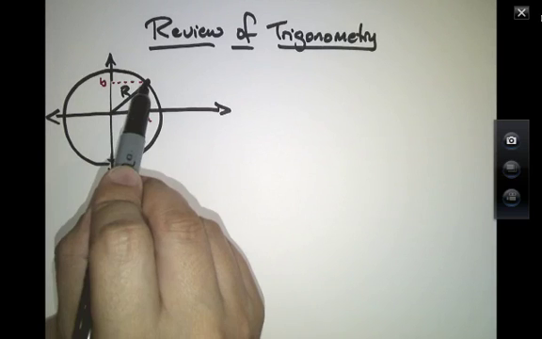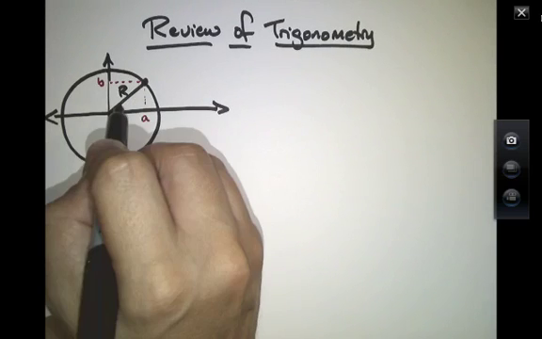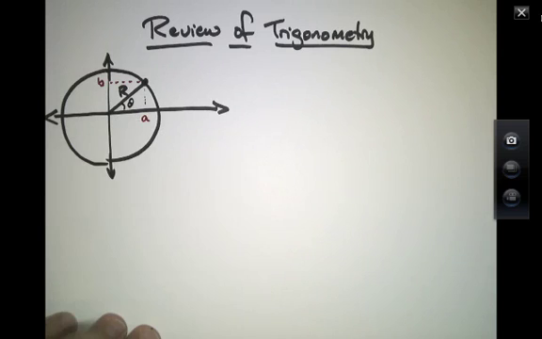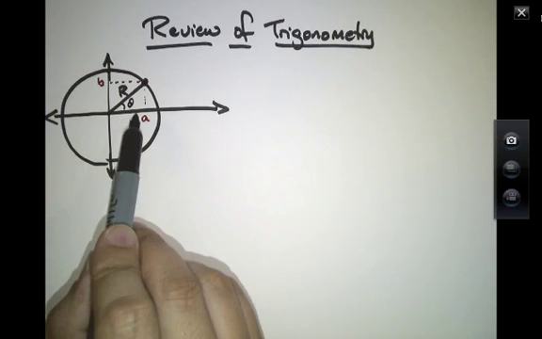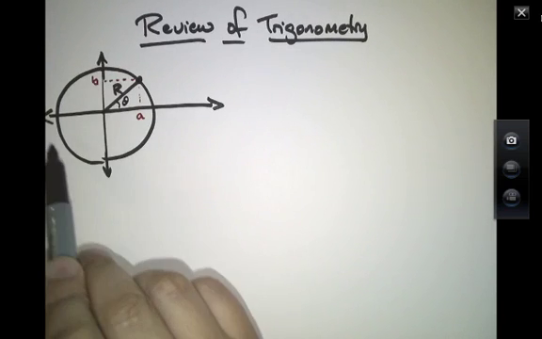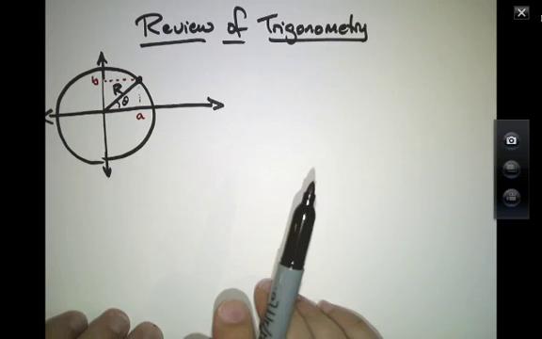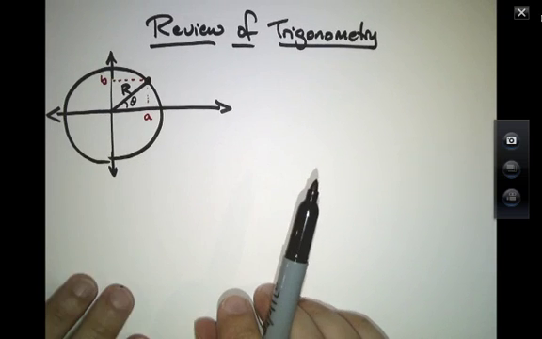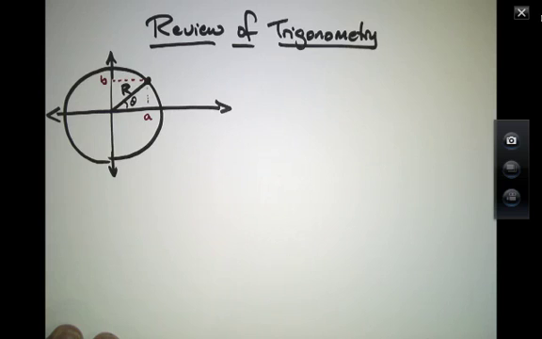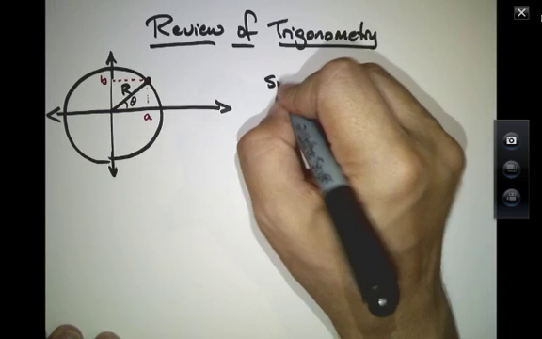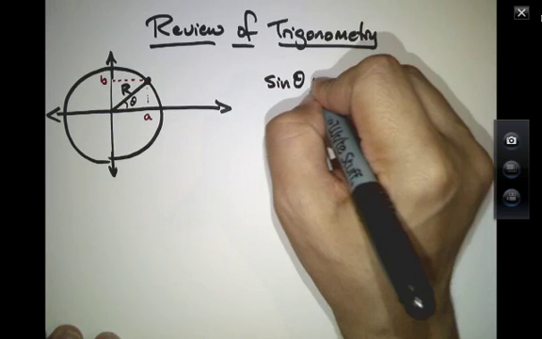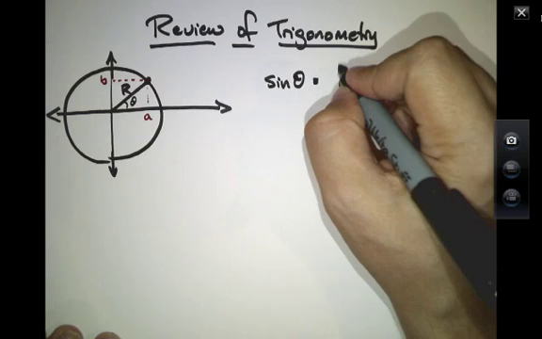As this point moves further and further around, there's an angle that's included here between that little radius and the x-axis, and that angle starts at 0 and sweeps up larger and larger until it gets all the way around and becomes 360 degrees. The sine of that angle is defined as a ratio.